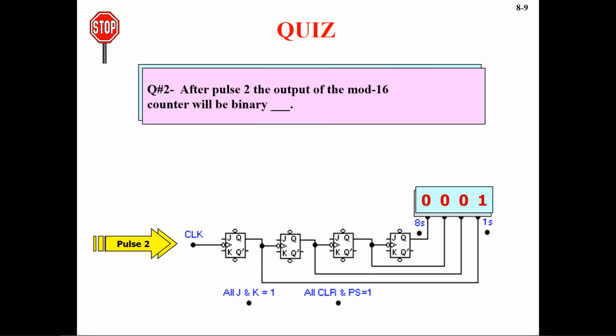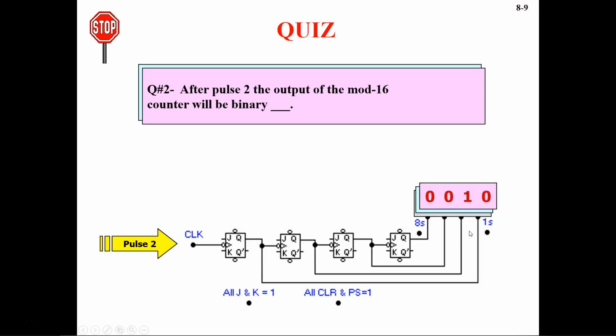And then after pulse 2, the output of the mod 16 counter will be what? After the second pulse, we know that the first flip-flop is going to toggle the second one, and this will toggle to the next state. So right now if it is 1, this toggles to 0, and this 0 will toggle to 1.